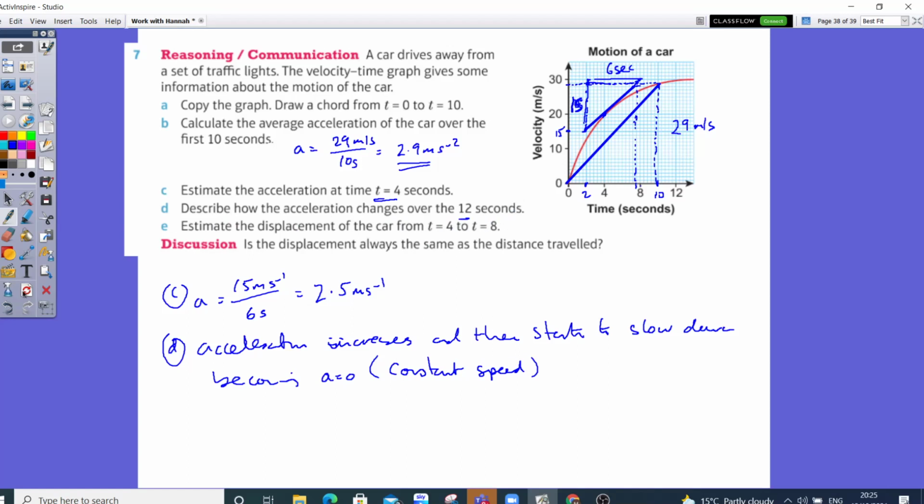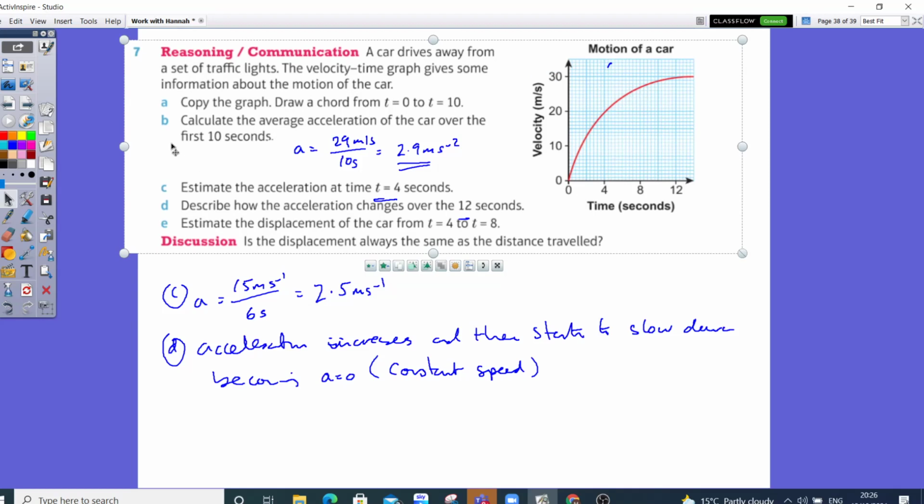Now what I'm going to do is, before I do this, I'm going to rub all this annotation off. So there, and if I get rid of these lines, because I'm going to have to draw. Okay, so what I need to now do is draw to estimate displacement between these two.